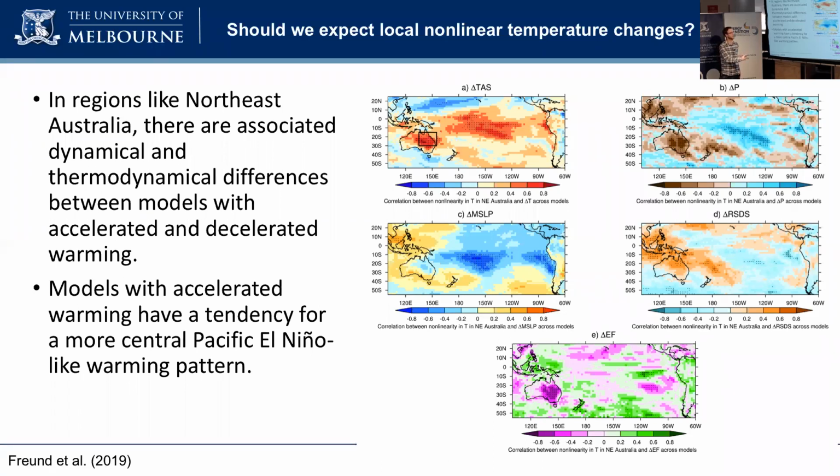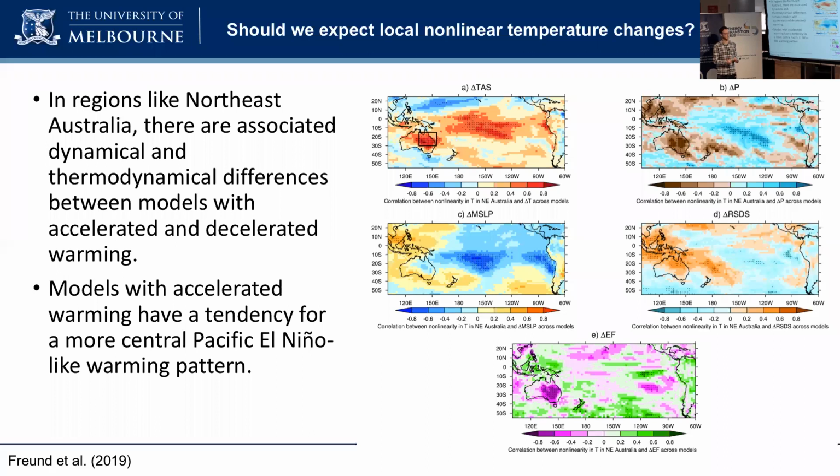So it's the change in temperature at every location correlated with the nonlinear change in temperature in Queensland, in the case of the top left plot. And then that's done equivalently for all the other variables. So it's change in MSLP at each grid box correlated with nonlinear change in Queensland temperatures.